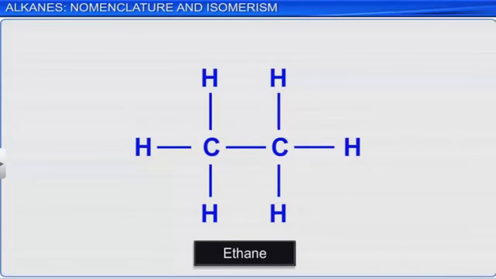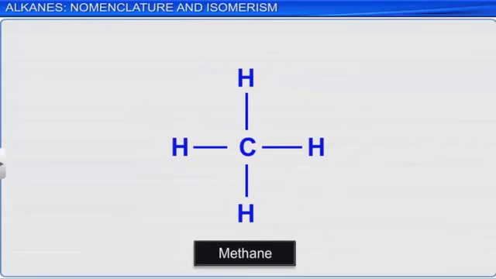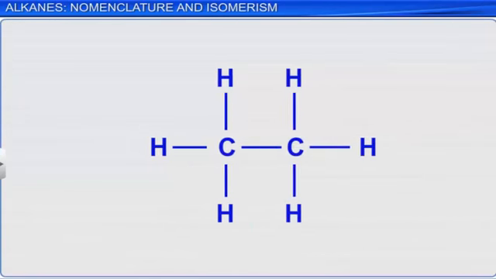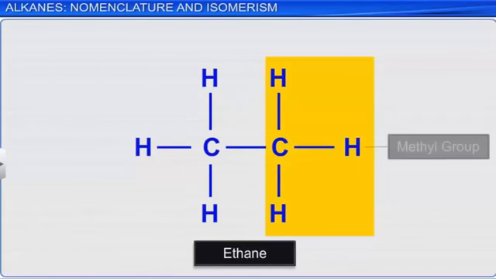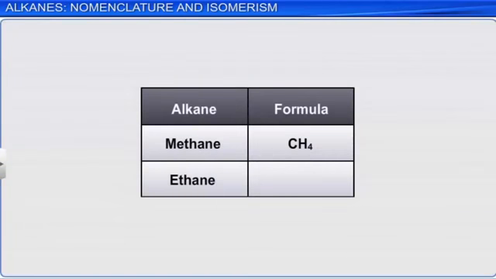The next member, ethane, can be obtained by replacing one of the hydrogen atoms of methane by the CH3 group. This group is the methyl group, which is a type of alkyl group. Thus, ethane with molecular formula C2H6 is derived by replacing one hydrogen atom by the CH3 group from the methane CH4 molecule.